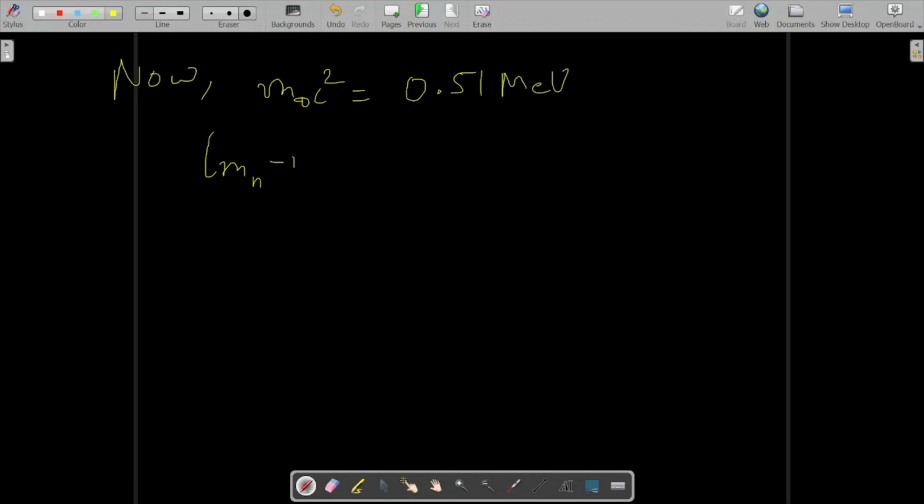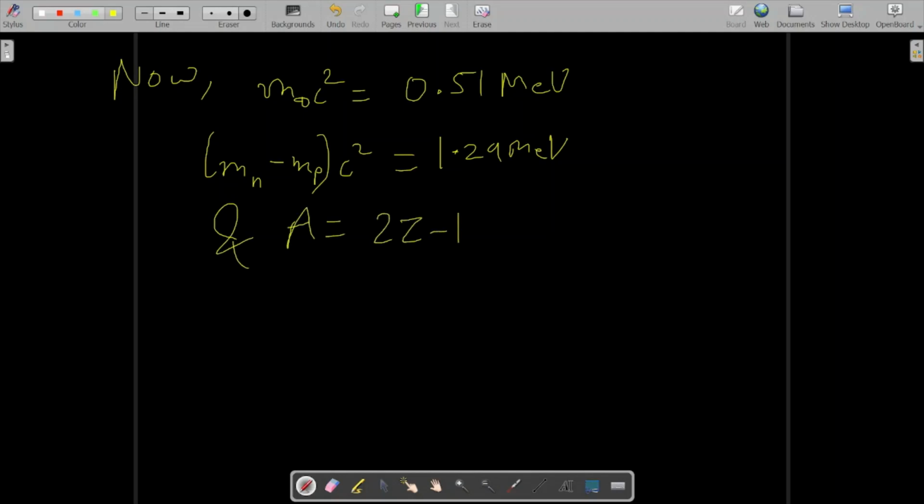Okay, so now m naught c² is equal to 0.51 mega electron volt, (Mn minus Mp)c² is equal to 1.29 mega electron volt, and A is equal to 2Z minus 1. So E beta plus is equal to... for what are we writing all this?